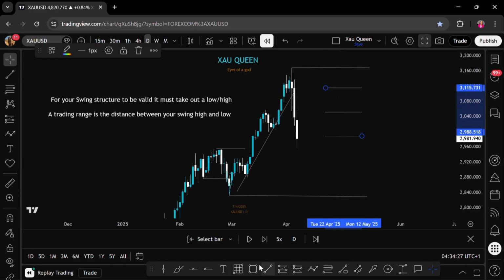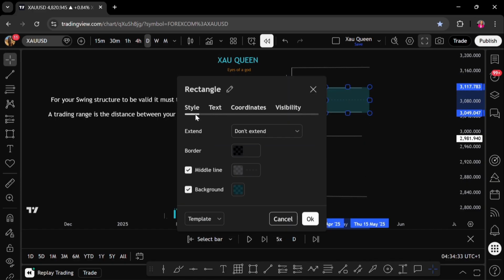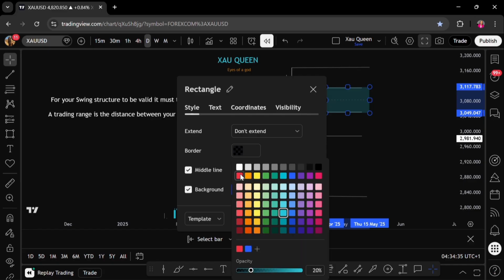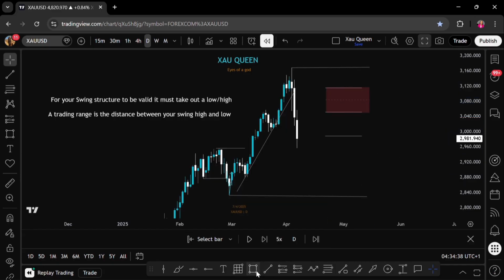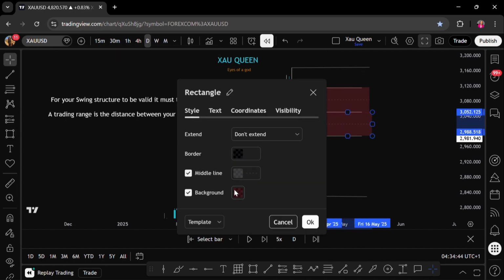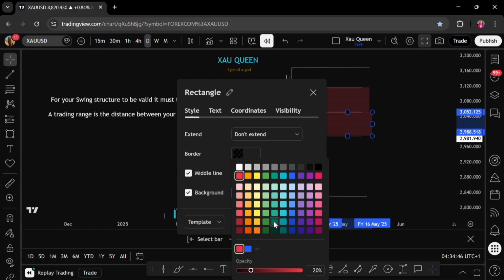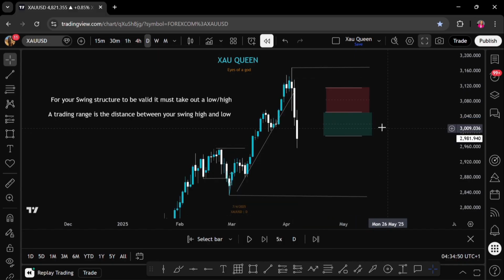This box here is above 50%, and this area, all this area, is below 50%.